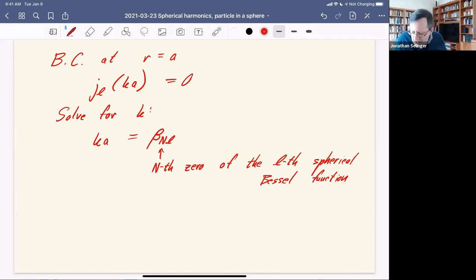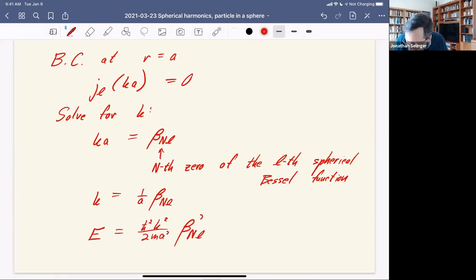So if I'm looking at Bessel function number L, I look at the nth place where it crosses 0. That's a certain number. Then k is 1 over the radius times that place, and the energy is h bar squared k squared over 2m, that is, h bar squared over 2m a squared times that special number squared.